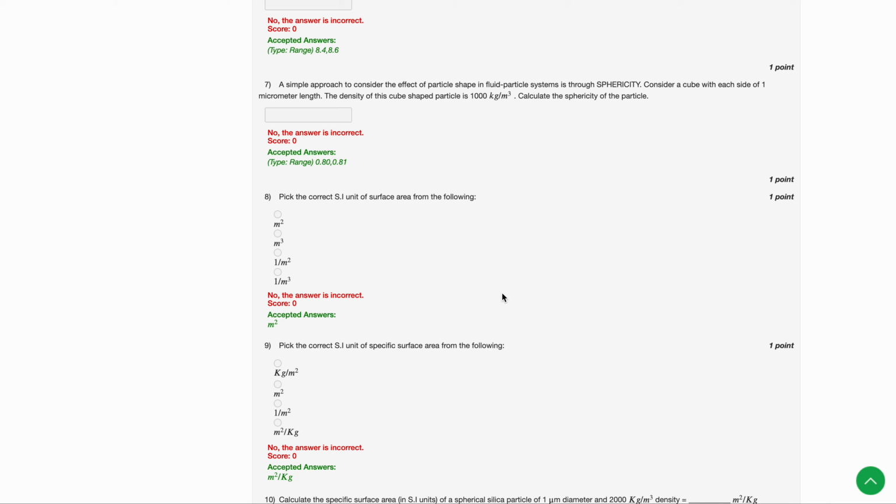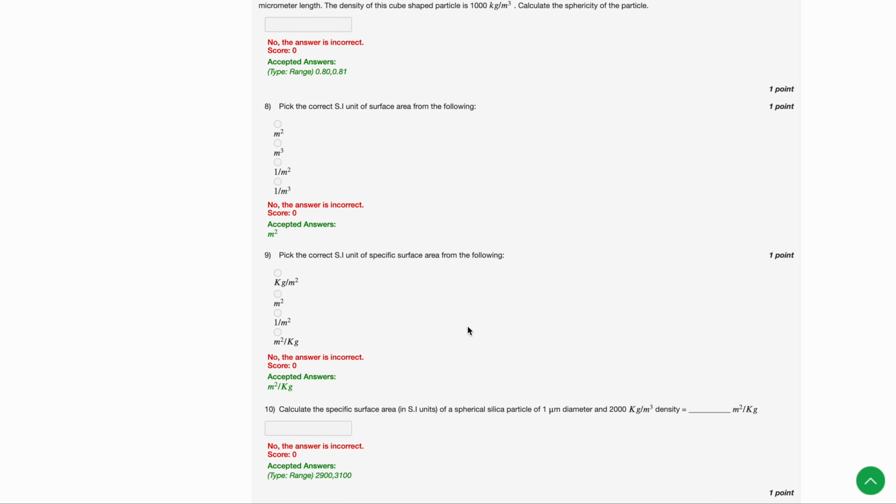That is meter square. Pick the SI unit of specific surface area. Any specific quantity is defined as the quantity per unit mass, so specific surface area should be meter square per kg.